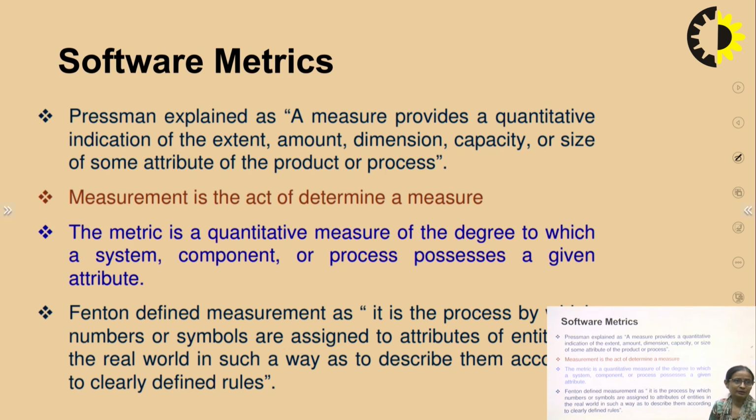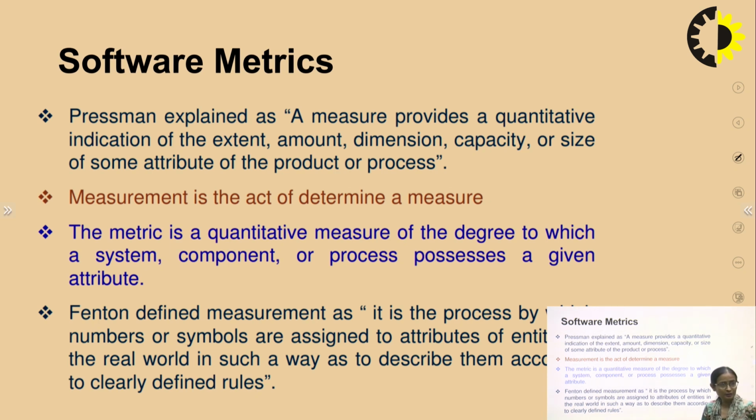According to Pressman, a measure provides a quantitative indication of the extent, amount, dimension, capacity or size of some attribute of the product or process. Measurement is the act of determining a measure. A metric is a quantitative measure of the degree to which a system, component or process possesses a given attribute.